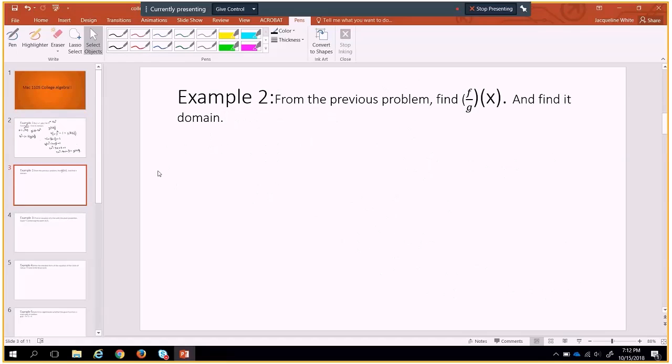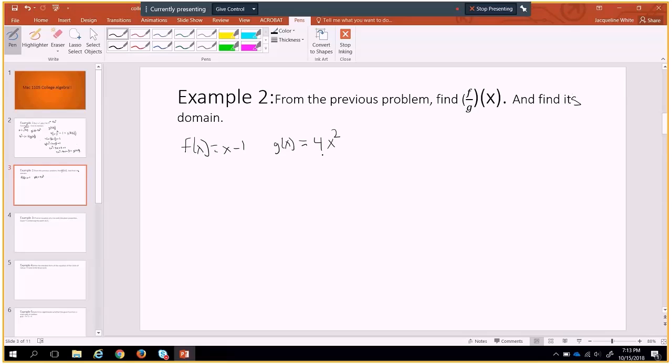From the previous problem, find f divided by g of x and find its domain. Sorry for the missing s. All this asks you is, let's go back to the previous question. f of x was equal to x minus 1, g of x was equal to 4x squared. All it wants you to do is divide these functions the way it asks.